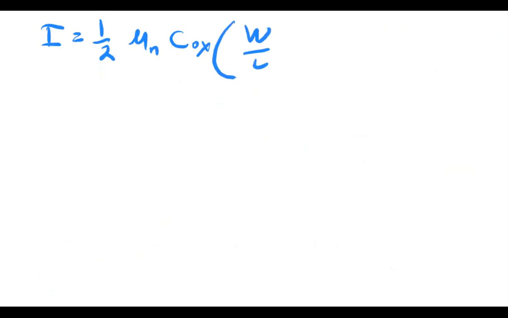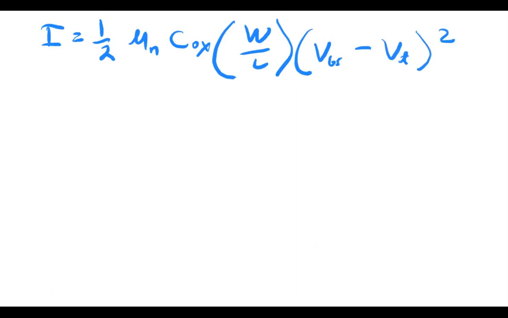So that current is going to be 1/2 mu n Cox VGS minus VT squared.